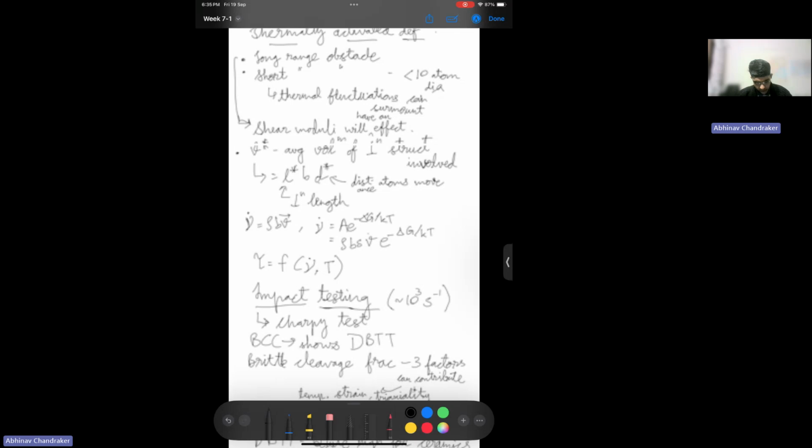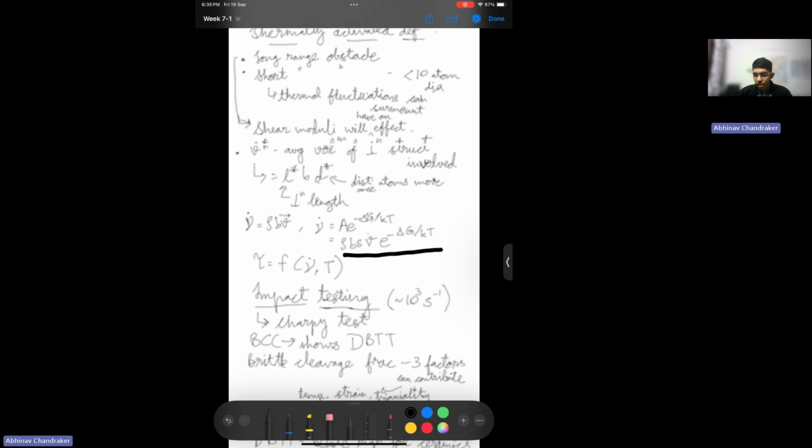And you can quantify it by this formula: gamma dot, the strain rate, equals rho b into del into v into e raised to minus delta G by kT. So you'll always have this minus delta G by kT term.